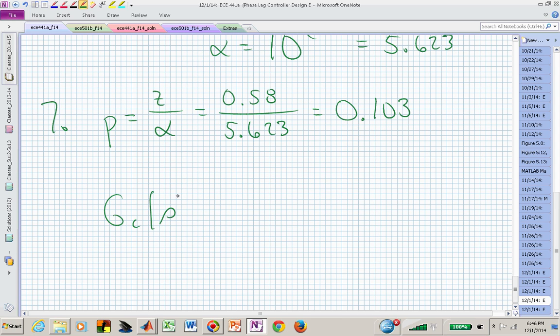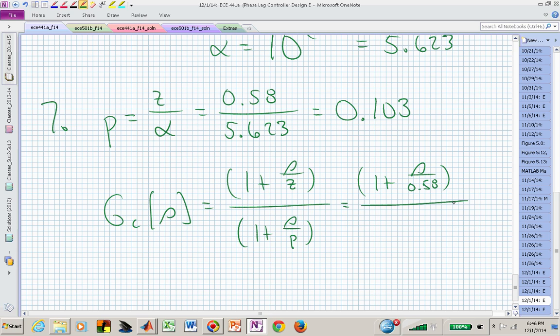I now know that my G of S is 1 plus S over Z over 1 plus S over P, where my Z was 0.58 and my P is 0.103.